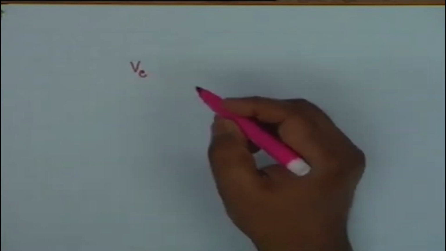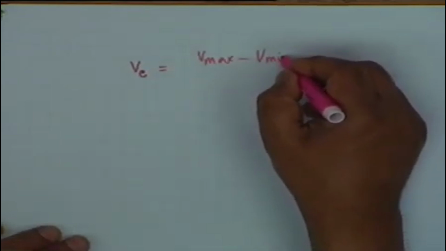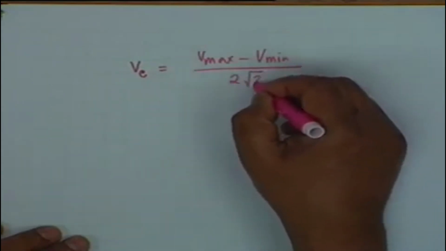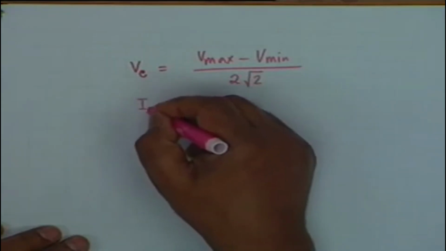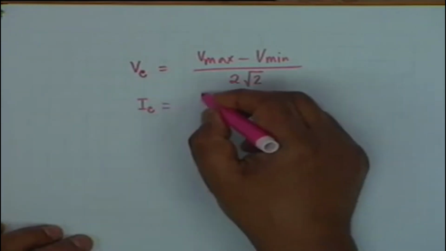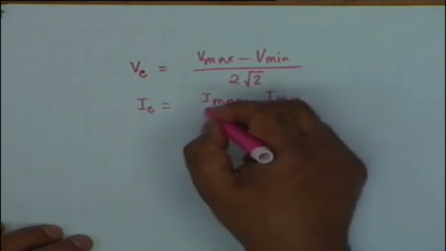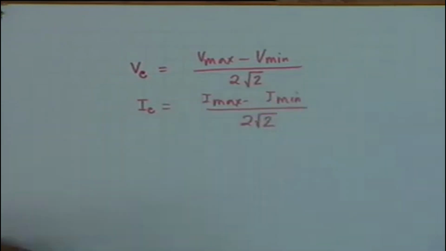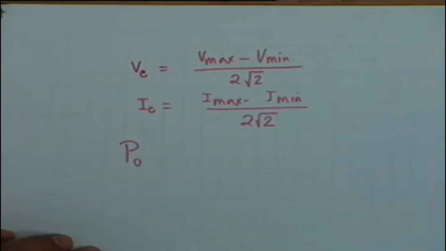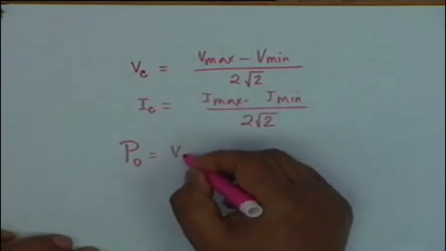Capital V sub small c is simply V max minus V min divided by 2 root 2. Similarly, the RMS value of the load current I sub C shall be I max minus I min divided by 2 root 2.